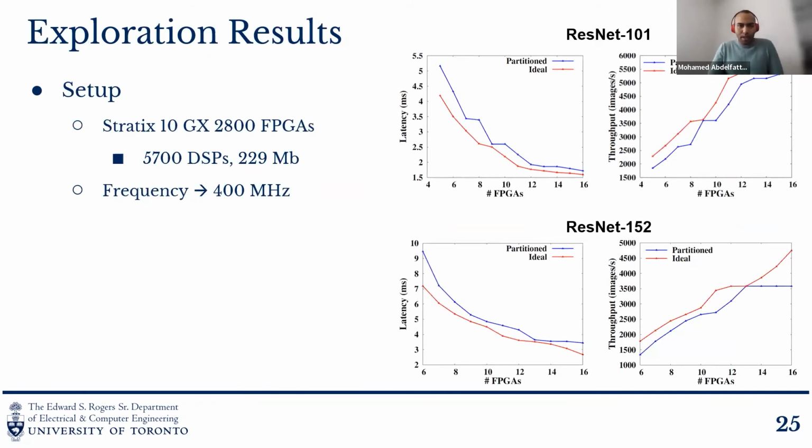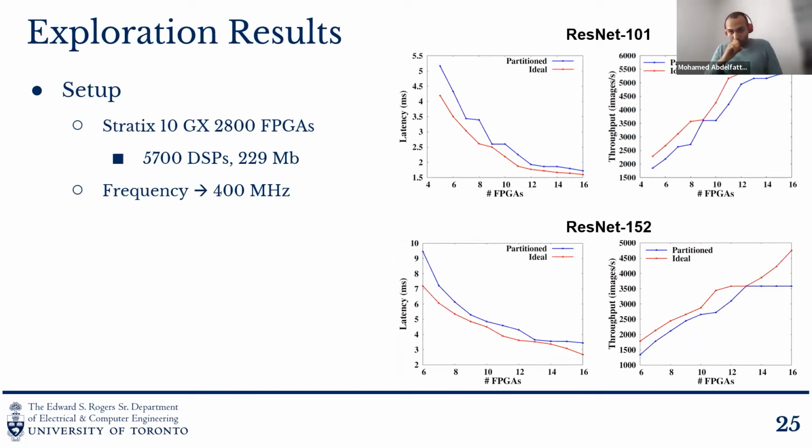So I'm showing a couple of experiments here. On the right, you can see we're experimenting with ResNet 101 and ResNet 152, and on each graph on the x-axis you can see the number of FPGAs. We're sweeping the number of FPGAs, and on the y-axis we're observing how the latency and throughput are affected. Within each figure there are two curves.